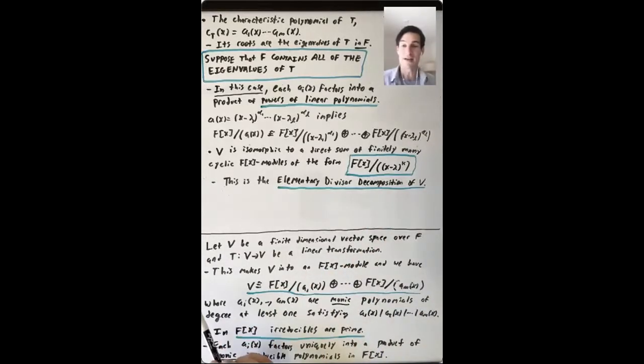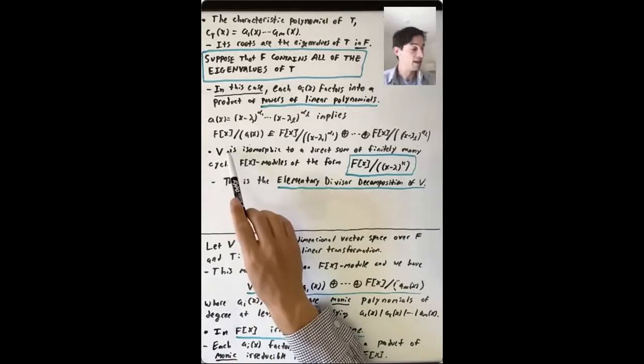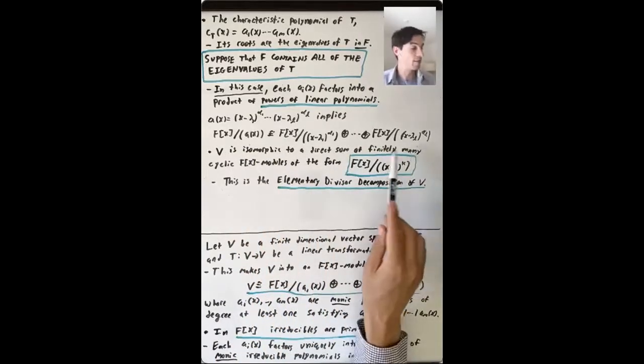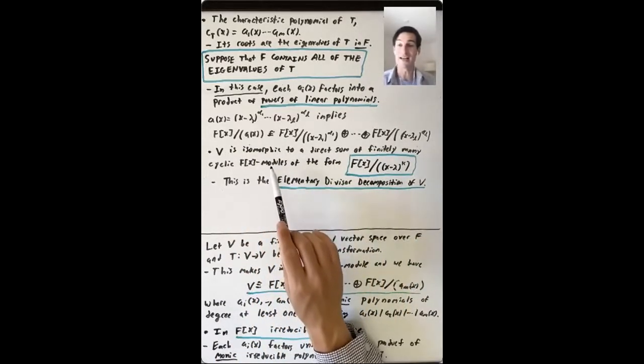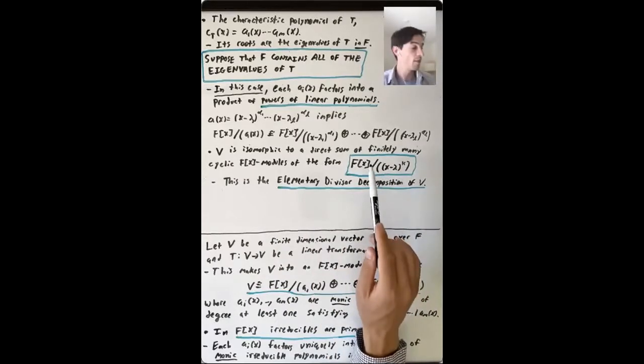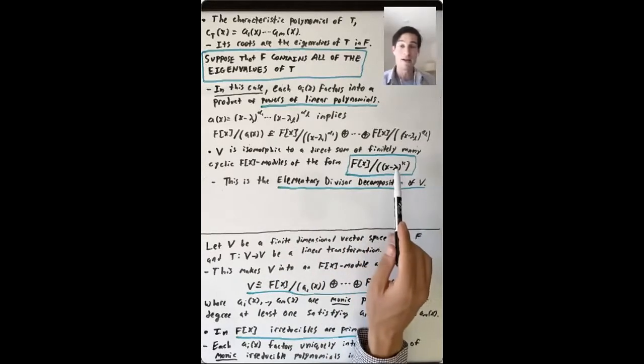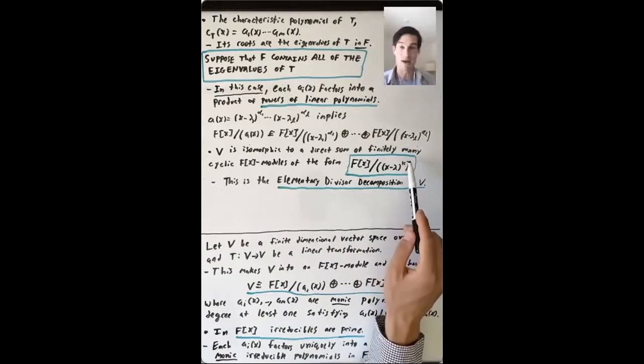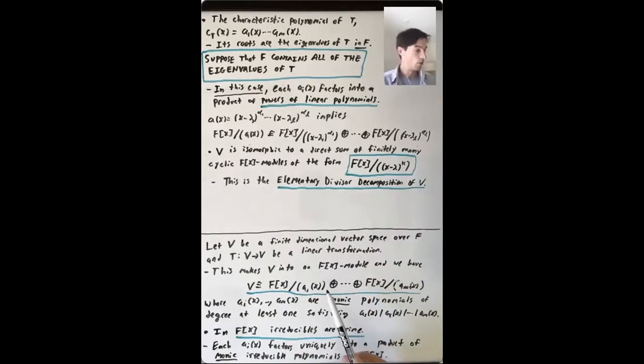So what are we seeing? We're seeing that V is isomorphic to a direct sum of finitely many cyclic F[x] modules of a very particular form. They're of the form F[x] mod the ideal generated by some linear polynomial raised to some power.